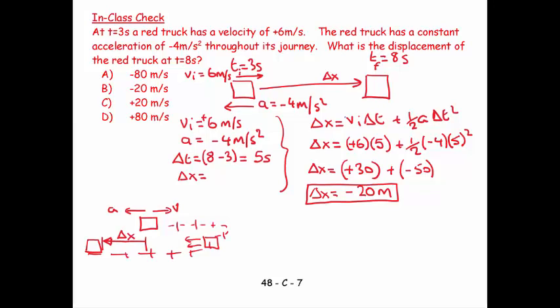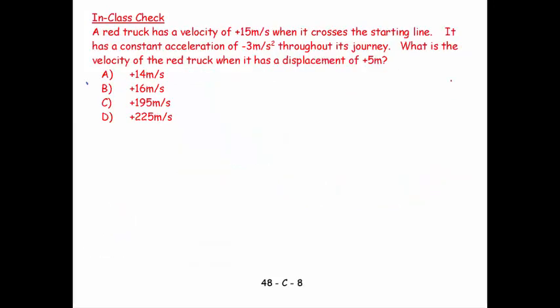Let's do another one. A red truck has a velocity of plus 15 meters per second. So VI equals plus 15 meters per second when it crosses the starting line. There's my start. It has a constant acceleration. A is equal to minus 3 meters per second squared.